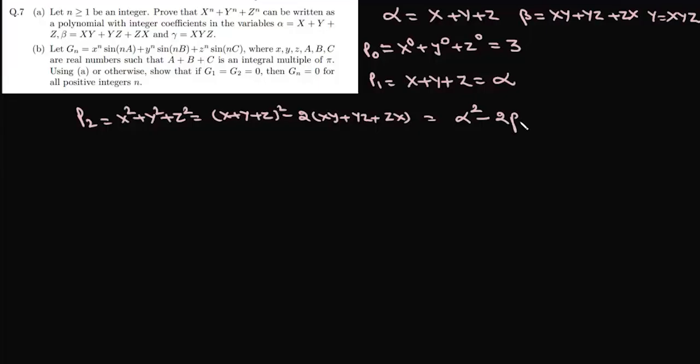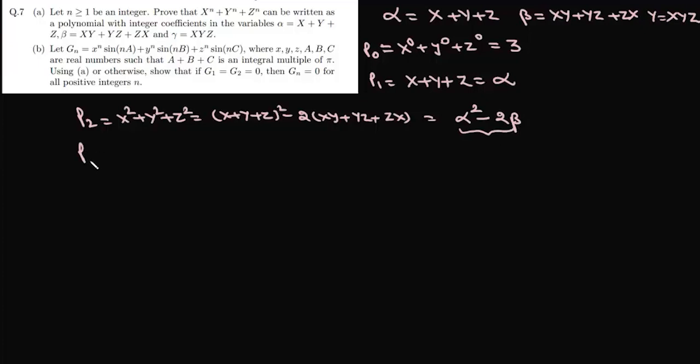Now if we write p2, p2 is x square plus y square plus z square. Now this is x plus y plus z whole square minus 2 times xy, yz and zx. Now this is alpha square minus 2 beta, which again is a polynomial function in alpha, beta with integral coefficients.